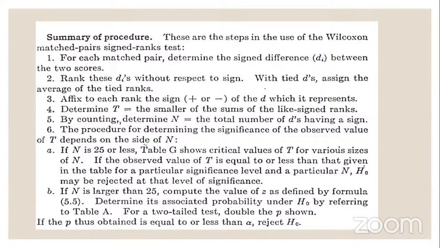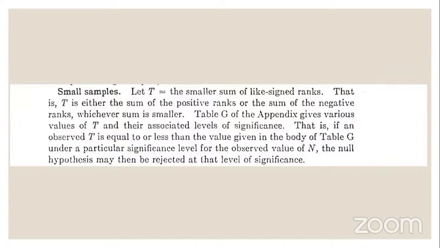That means if the sample size is 25 or less, it is a small sample. And if the sample size is larger than 25, it is a large sample. So this is how the calculation is, and we will see its application.